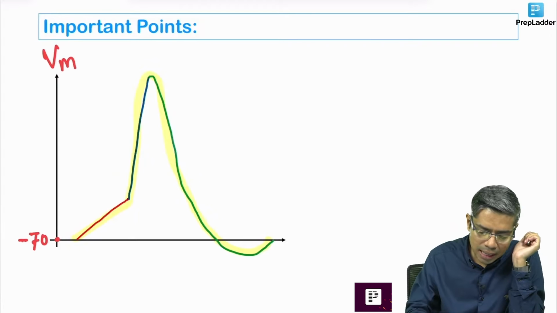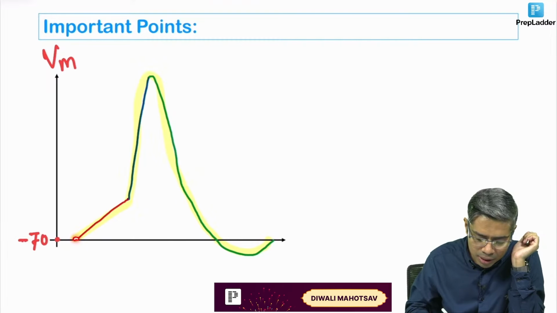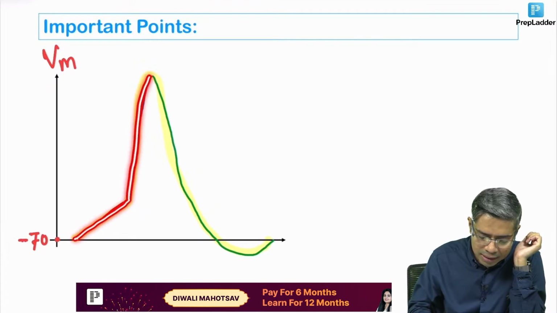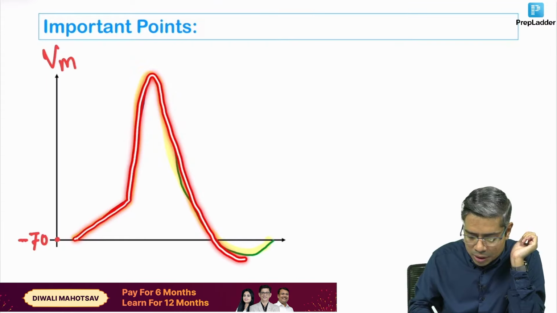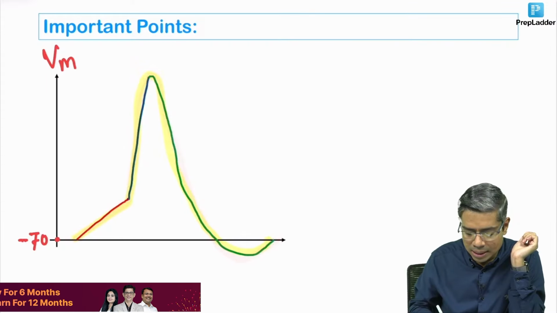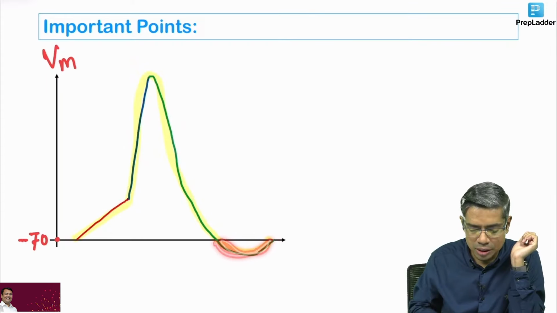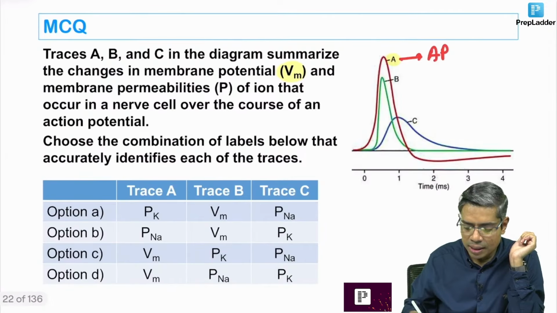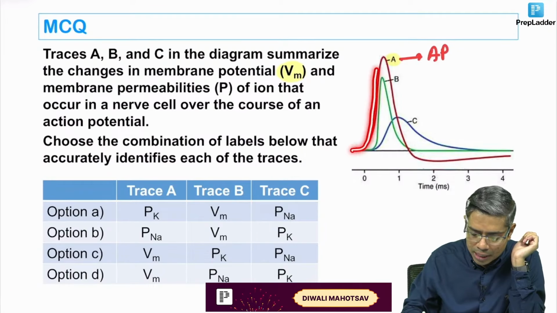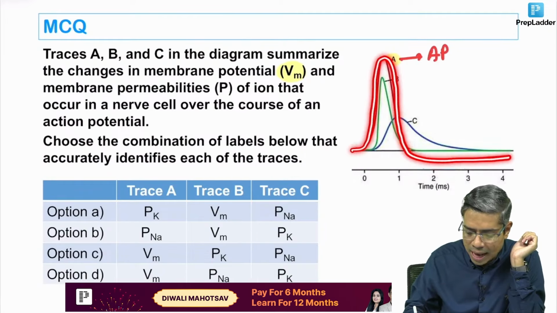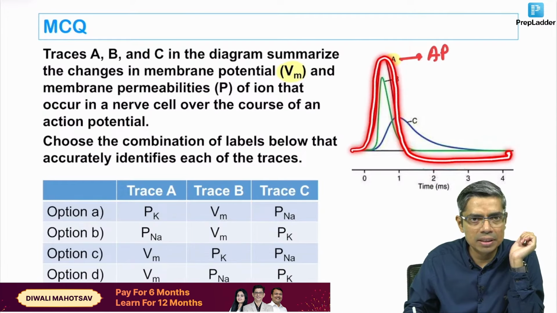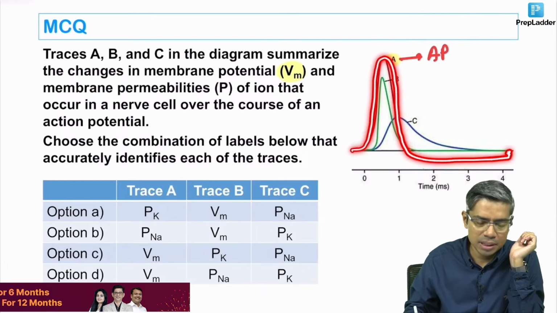And I can see that this membrane voltage is gradually rising, then suddenly jumping, and one part of the membrane voltage is going below the RMP. That is the part which is after hyperpolarization. So in my question, it is absolutely sure that this red color part is the change of membrane voltage, and this is nothing but my action potential.